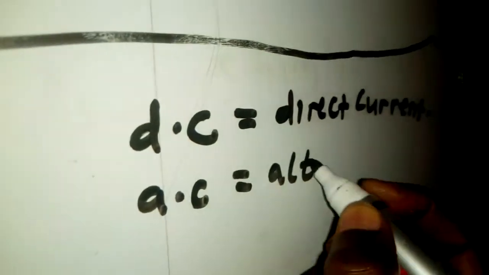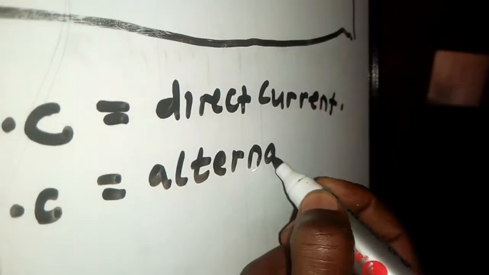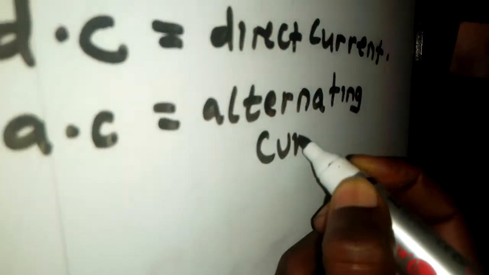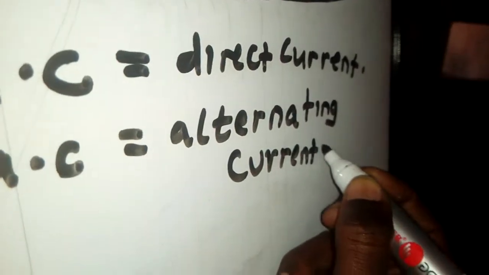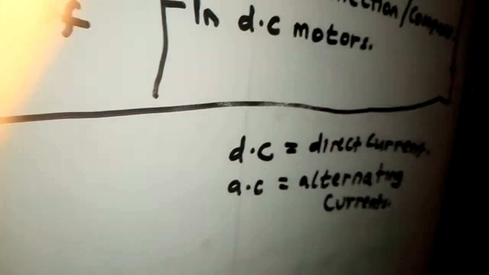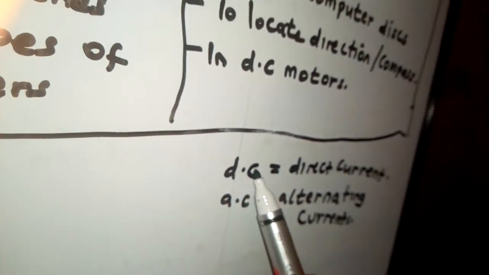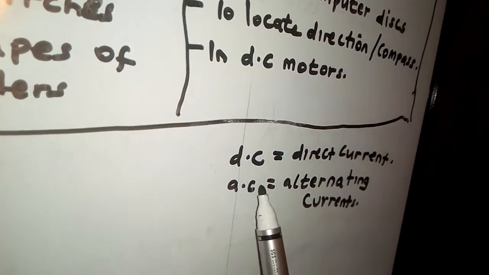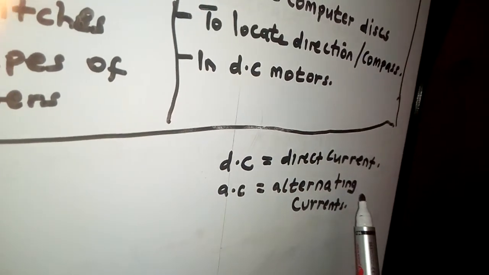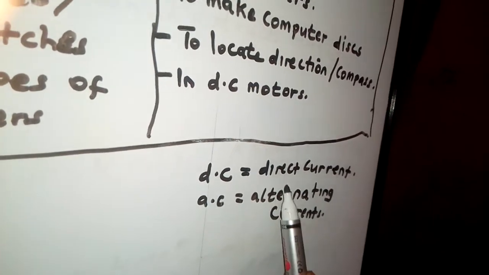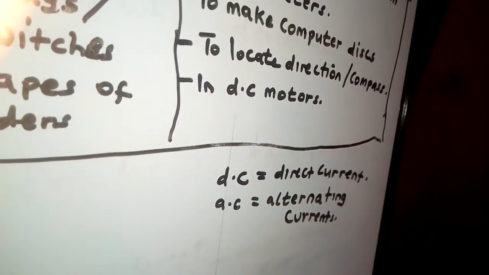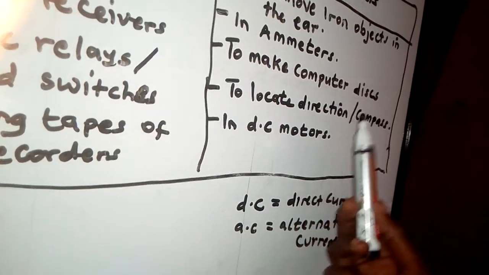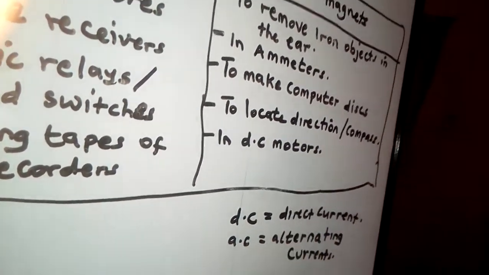AC means alternating current. So you need to know these abbreviations. Now we are talking about DC, but time is going to come we shall also meet the word AC. Both of them are currents. One is direct, one is alternating. So when I say a DC motor, I mean a motor which uses direct current.